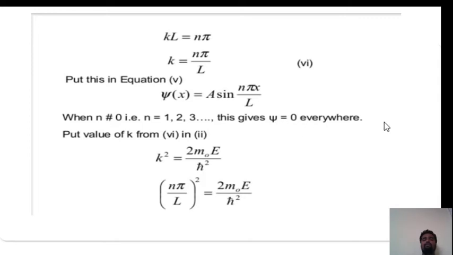So put the value of k from equation 6 in equation number 2. We will get k square is equal to 2 m naught E by h cross square, where k is equal to n pi by L. So k square is (n pi by L) whole square, which is equal to 2 m naught E by h cross square.